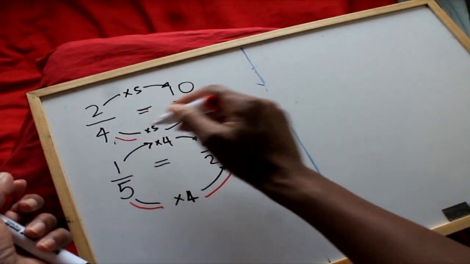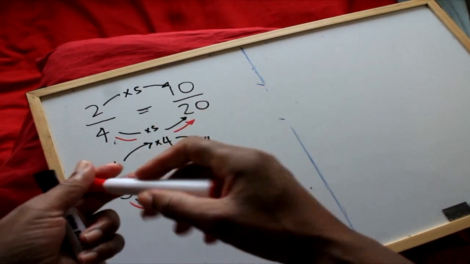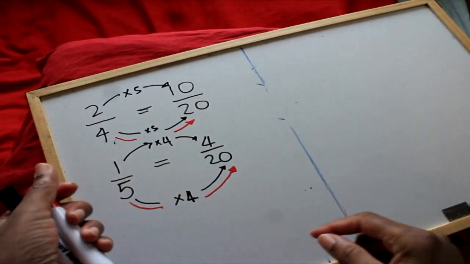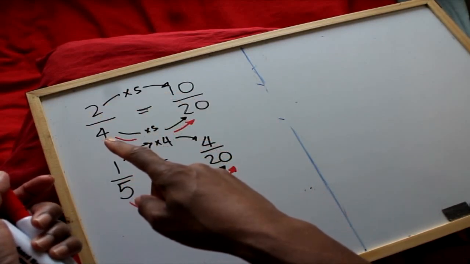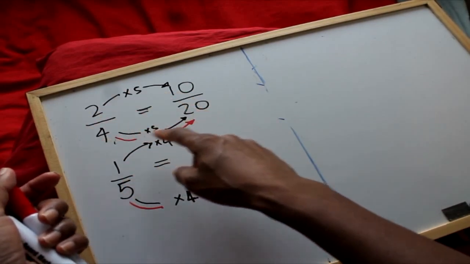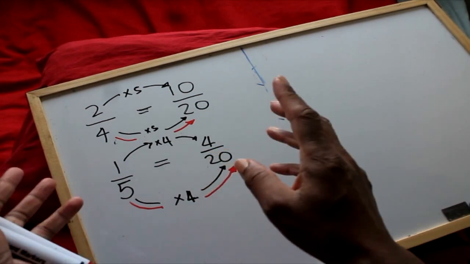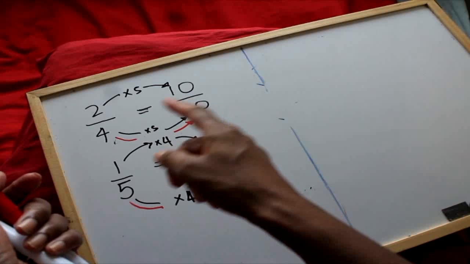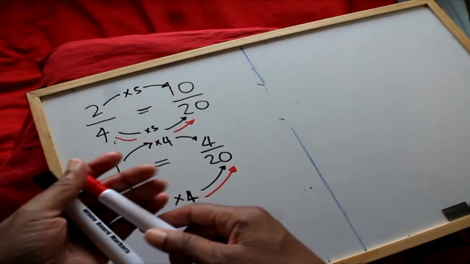We multiplied this denominator by 5 and it gave us 20. What does that mean? Well, it means that 20 is a multiple of 4 because it's 4 times 5, and 20 is a multiple of 4 and 20 is a multiple of 5.